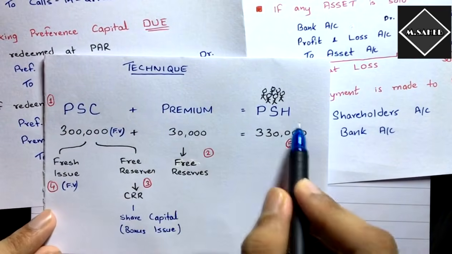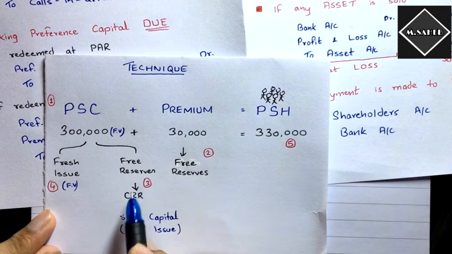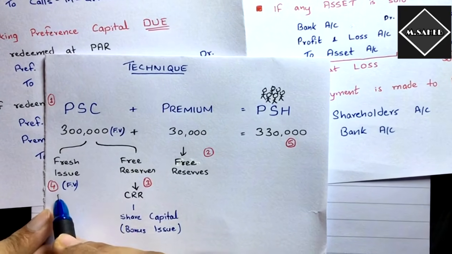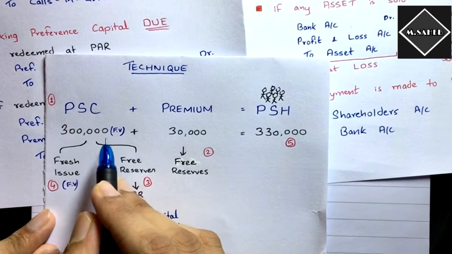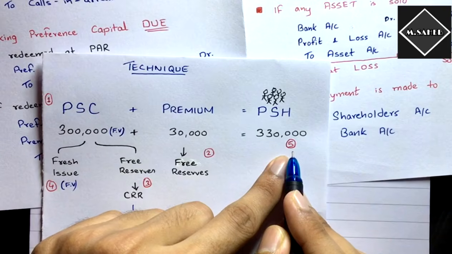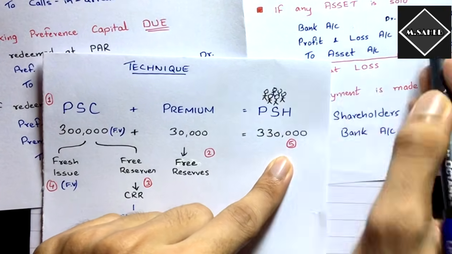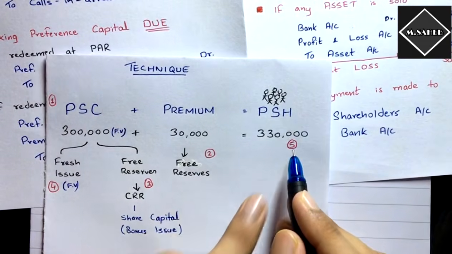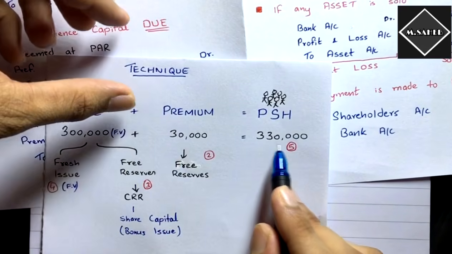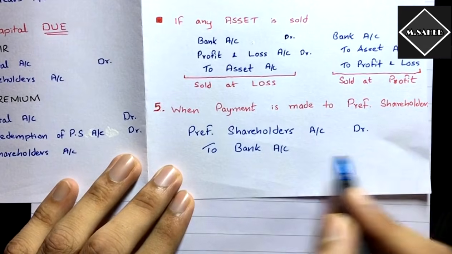The first entry is the due entry, the second entry is bringing the money for the premium, the third entry is transferring the profit to CRR, special reserve, and then the balance out of fresh issue, to replace the capital, only the face value, and then last, you are going to pay them off, 3,30,000, the fifth entry. The main entries we are talking about, not the asset ones, those are the red squares, the extra entries. So here you are going to pay them off, 3,30,000, right? Simple. Preference shareholders account 3,30,000 to bank account 3,30,000.